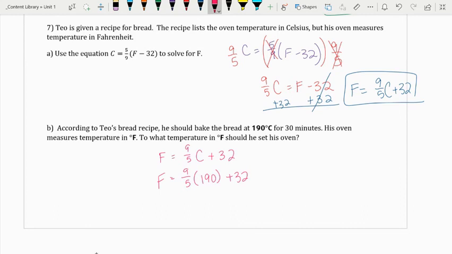If you do that, you get 342. You can also take 190 and multiply by 9 first and then divide by 5. Either way, you're going to get 342. If I add 32 to that, I end up getting 374 degrees Fahrenheit.